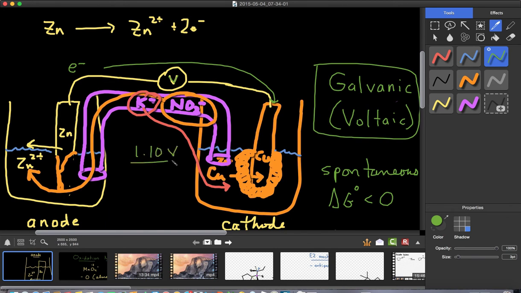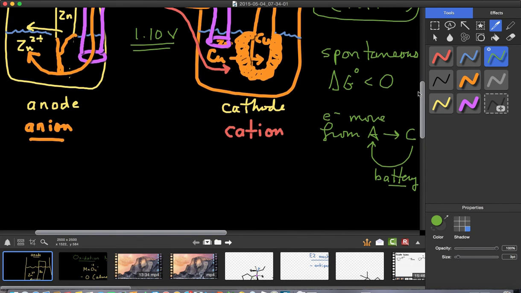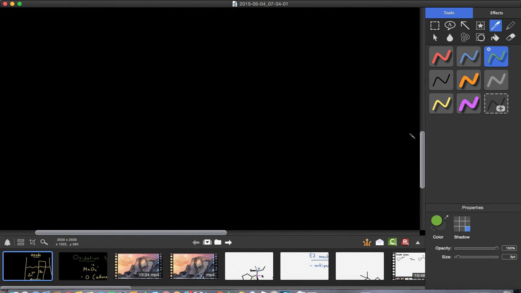Let's look for a moment at how we get those numbers, how we do this math, because we're going to relate the electrical potential, which is E standard state, to delta G. So in a spontaneous cell, a galvanic cell, or a voltaic cell, E has to be positive, whereas in an electrolytic cell, E will be negative. So let's take a look at that. So we want to look at something called reduction potentials.